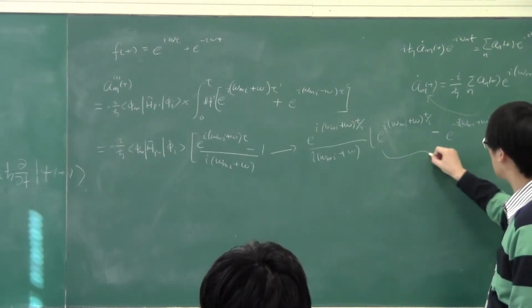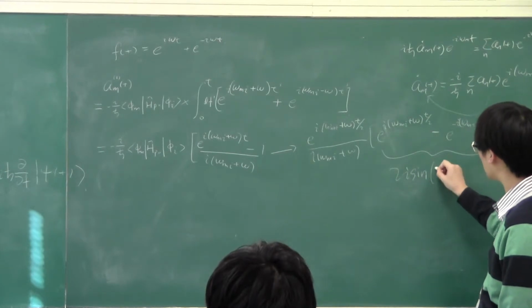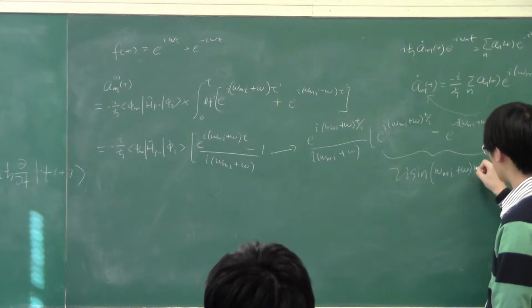So this is going to give you 2i times sine of (omega_mi plus omega)t over 2.